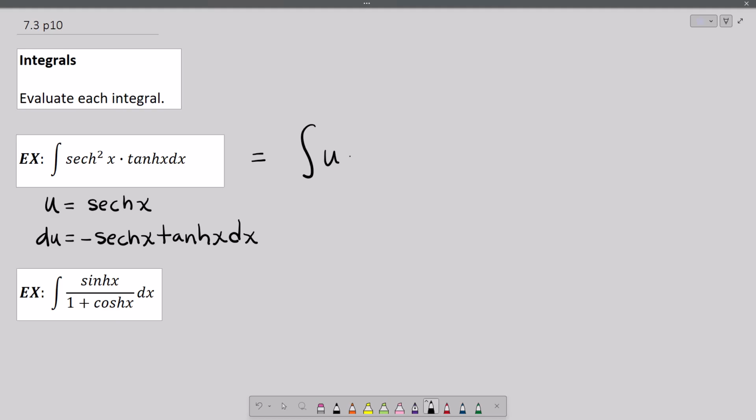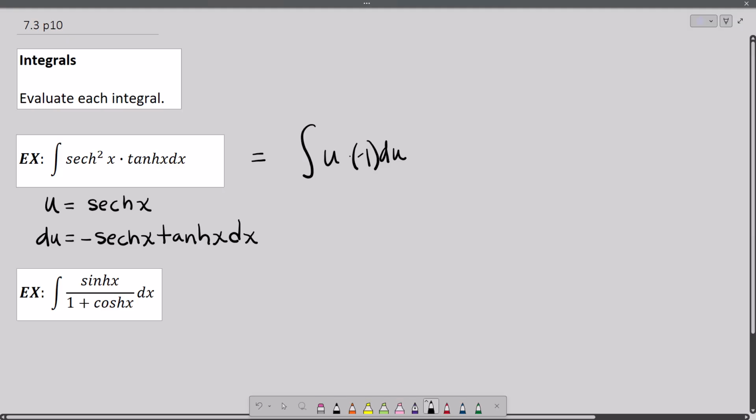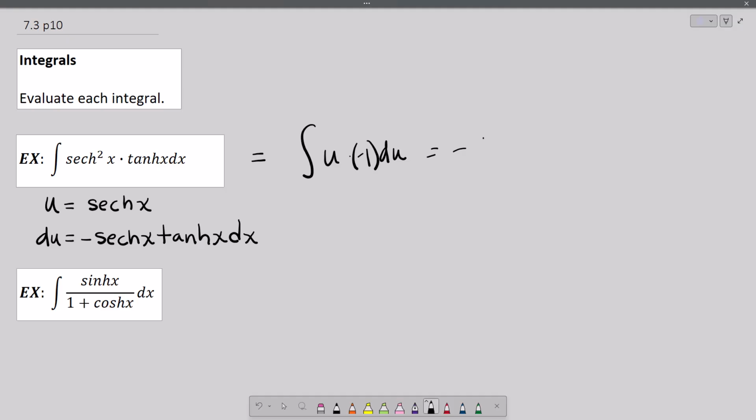Sech tanh dx will be minus du. So minus du. Let me write that as minus 1 in parentheses. And then no limits of integration. This is going to be minus u squared over 2 plus c. And then we'll do our back substitution. We'll have negative 1/2 sech squared plus c.